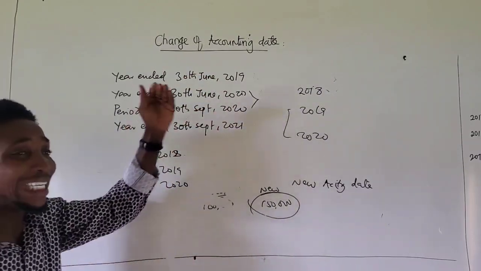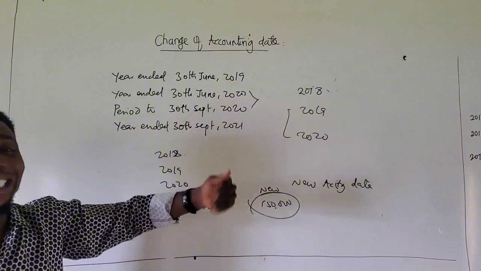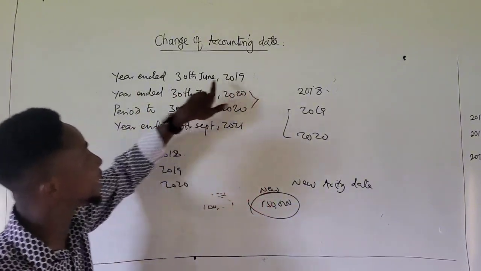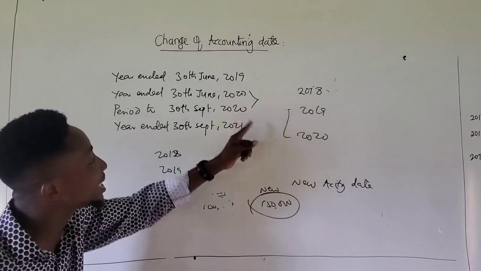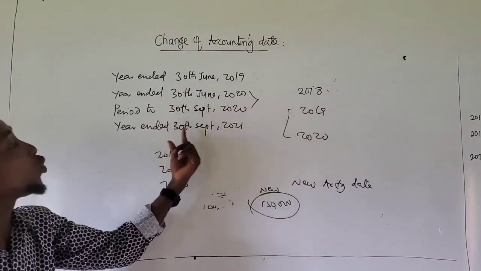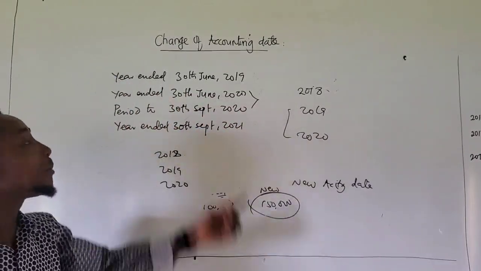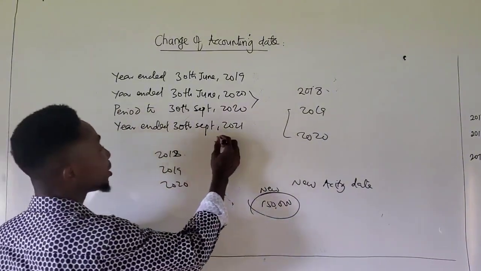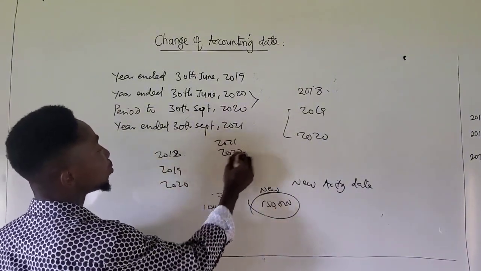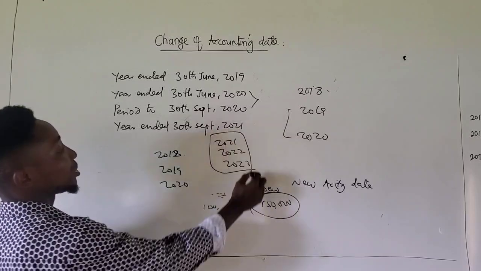Our concern is year after year. Which year did they fail? In 2019, they used the old date. In 2020, they used the old date. In 2021, did they use the old date? No. So my year of change is 2021. So it becomes 2021, 2022, and 2023.